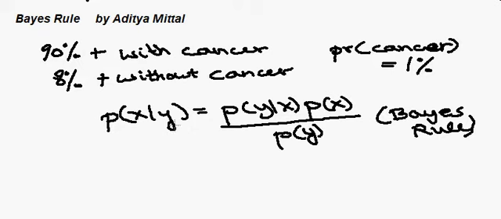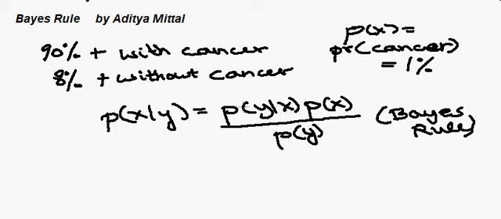So x is the event that you have cancer. P of x is this guy right here, the probability that you have cancer, when you don't know if you tested positive or not. So let's call this P of x. What is P of y given x? This is the probability that you test positive if you have cancer.